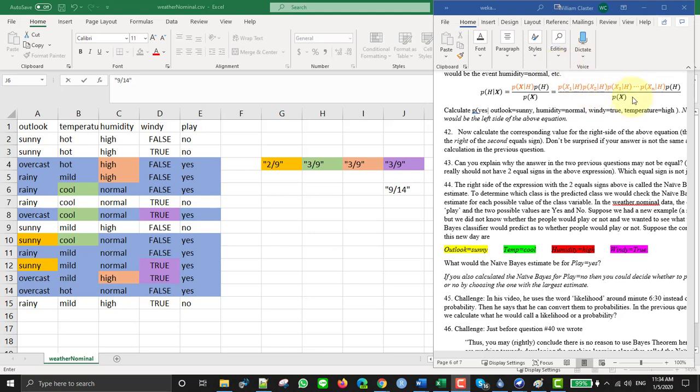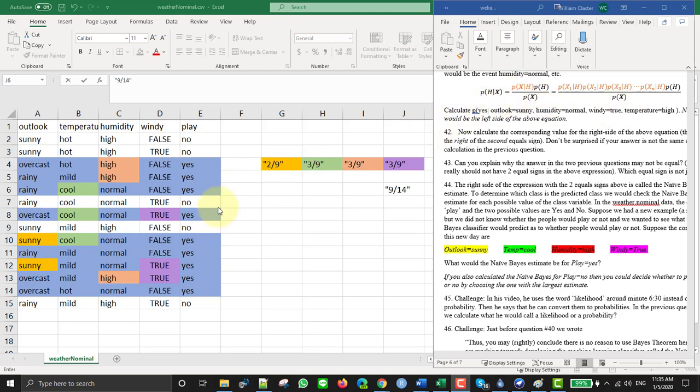So if you said this is 0, and therefore we get infinity here, that would be a reasonable answer, because we haven't discussed what to do in this case. But you can see that that's not going to really work too well, because we just found out that the probability, given the evidence of yes, is infinite.